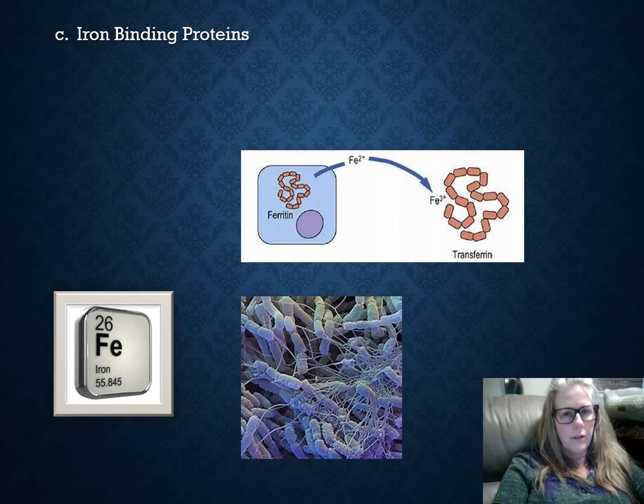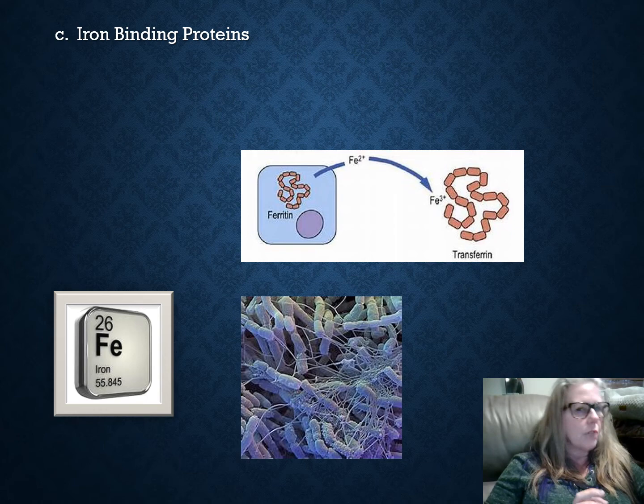So in our body, we have molecules that will bind to iron, and then it's not toxic to us. Think of these iron binding molecules as rushing into the blood and holding hands with the iron, so the iron cannot exert its negative effects on us. If we had too much free floating iron in our blood, it would definitely be toxic to us.